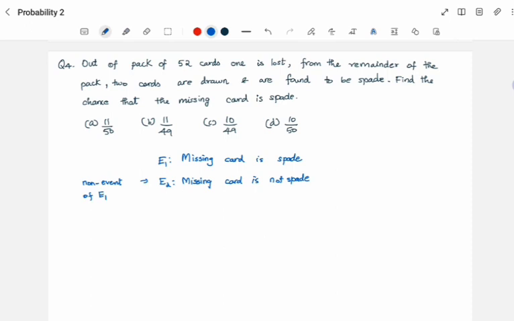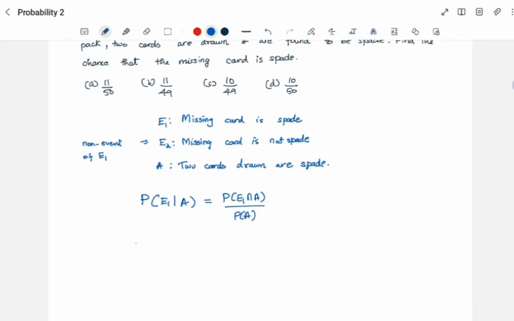Then A, I'll take, 2 cards drawn are spade. And what we need to find is the chance that the missing card is spade, given that the 2 cards drawn were spade. So this one we know is P of E1 intersection A divided by P of A.